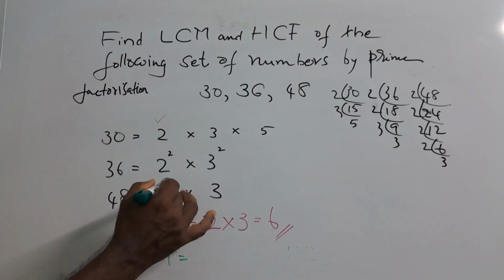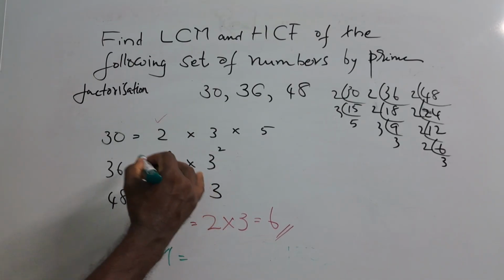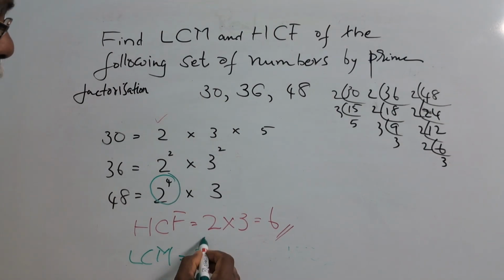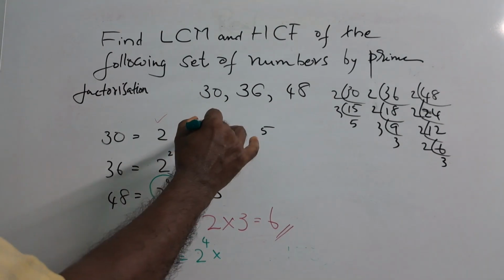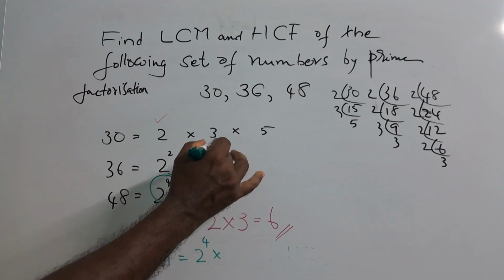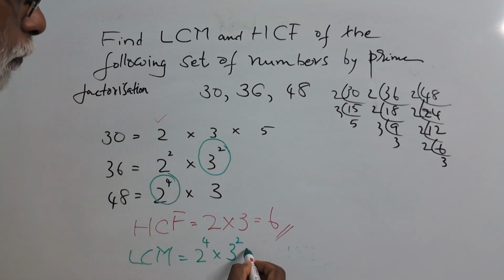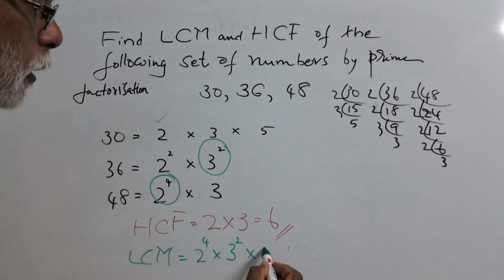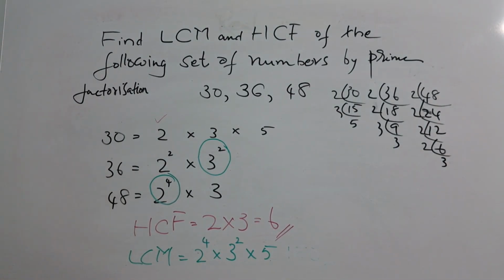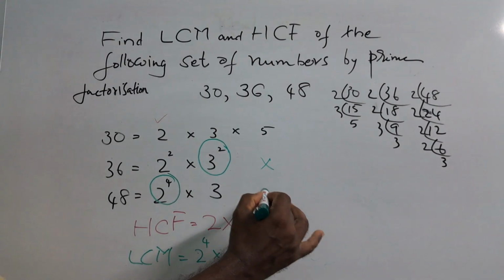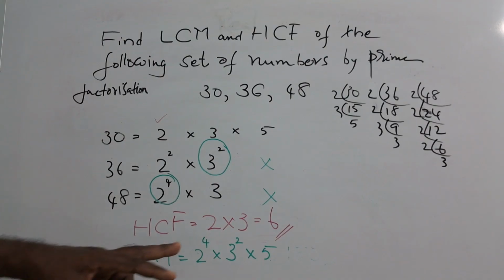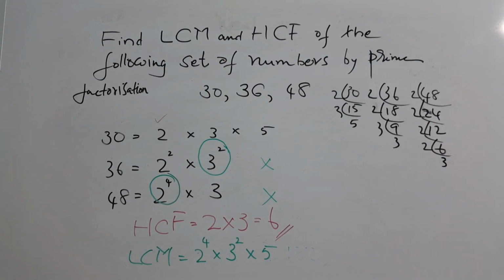Here the power of 2 is 4, so this is considered for LCM: 2 raised to 4 into the highest power of 3, which is 3 square, into 5. 5 is also considered for LCM, though it is not a factor of 36 or 48, because 5 is a factor of one of the numbers.